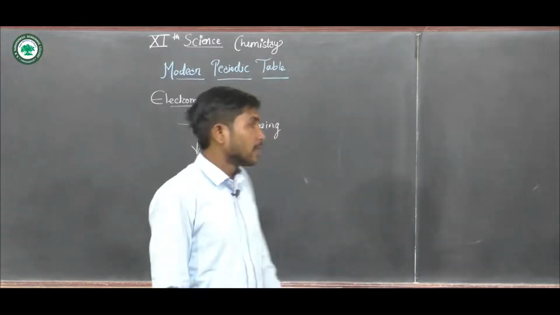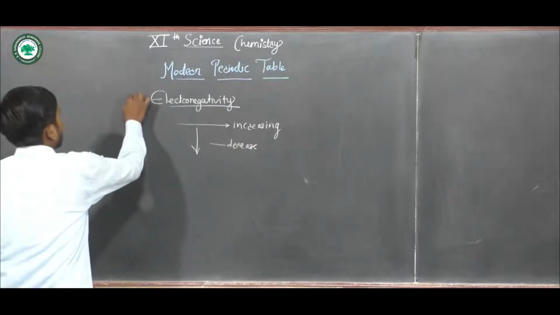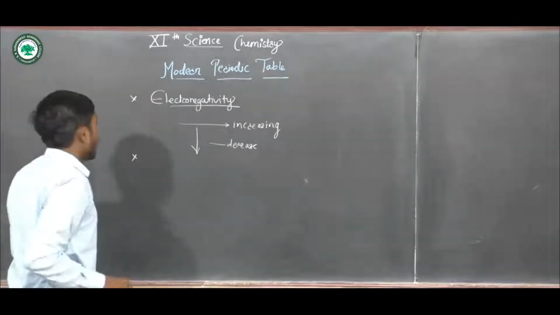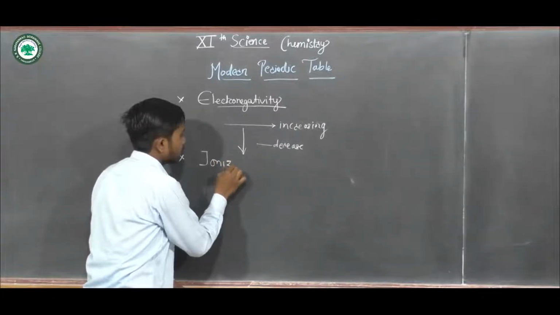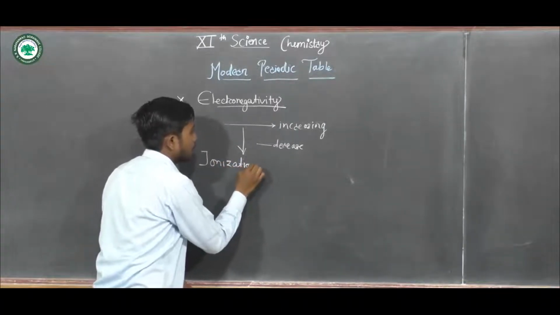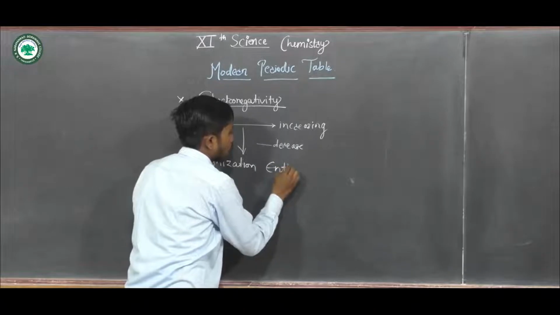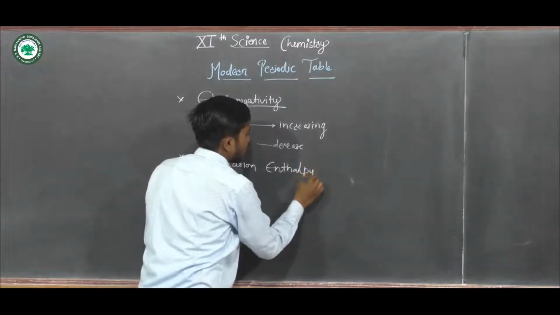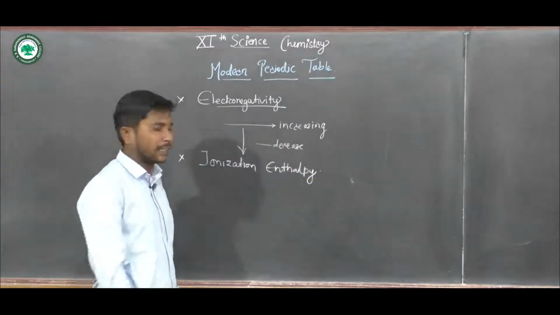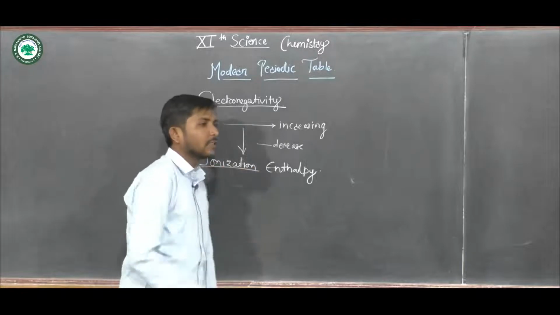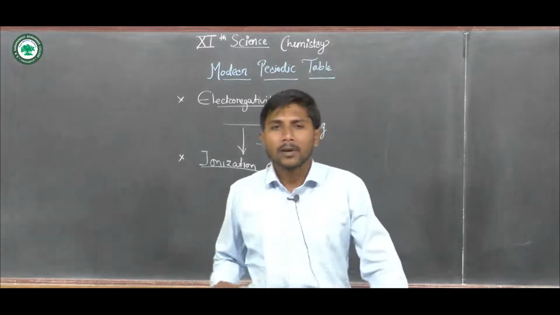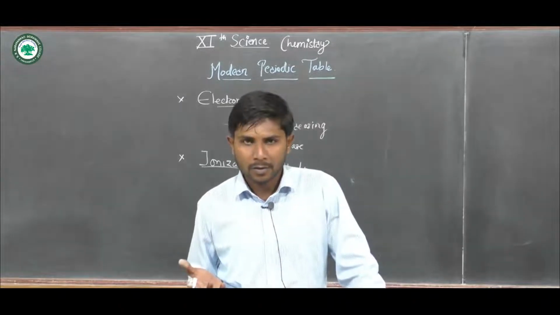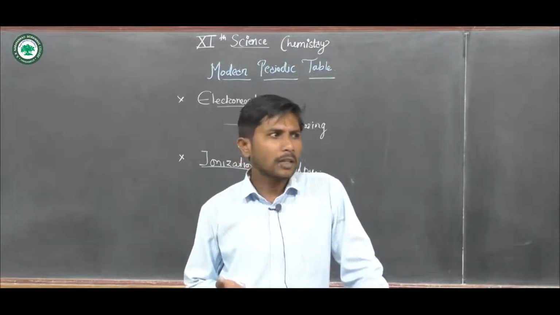Okay, then the next trend after electronegativity is ionization enthalpy. The name itself indicates that ionization means to ionize an atom, or how an atom ionizes when it loses an electron or accepts an electron.